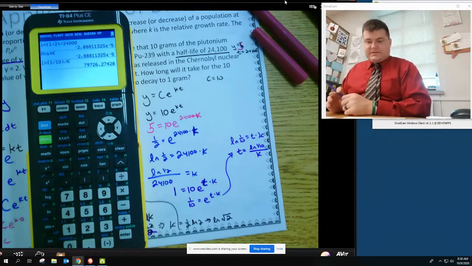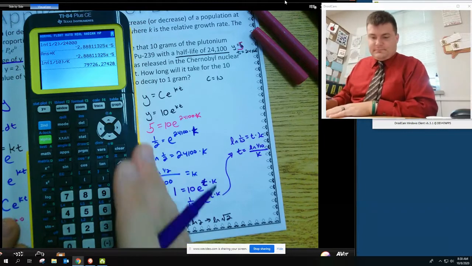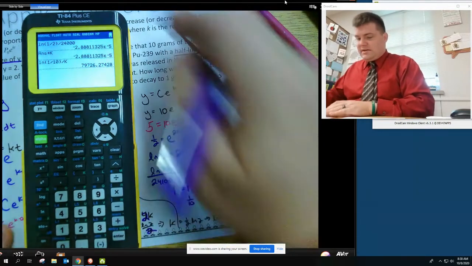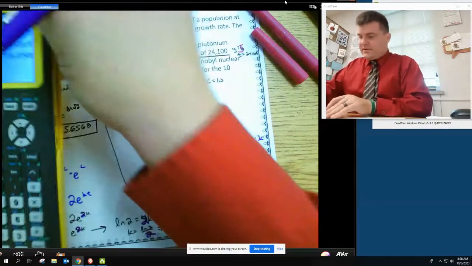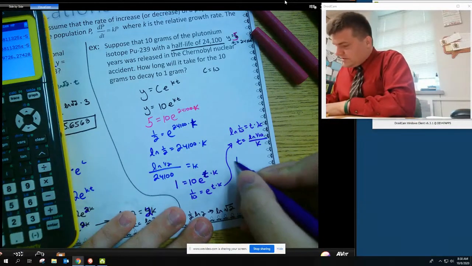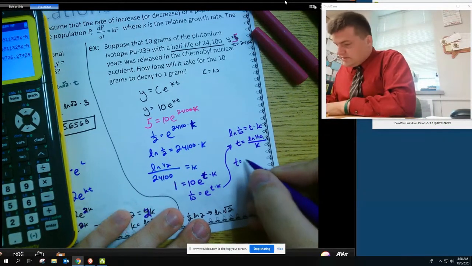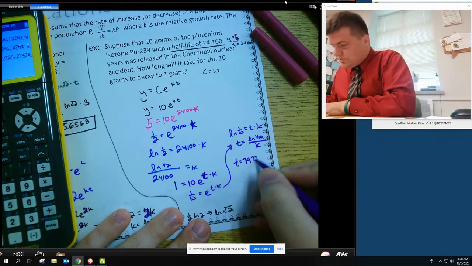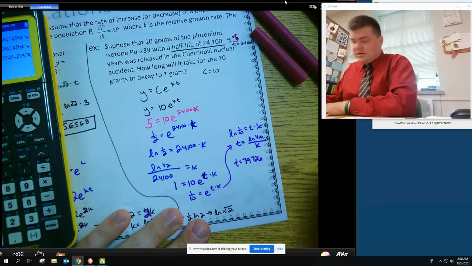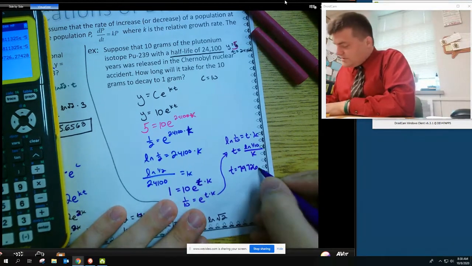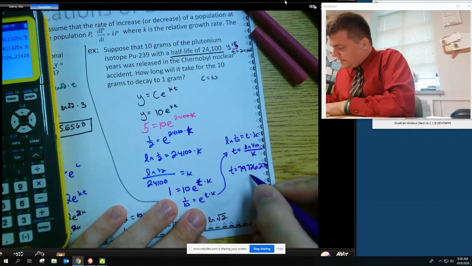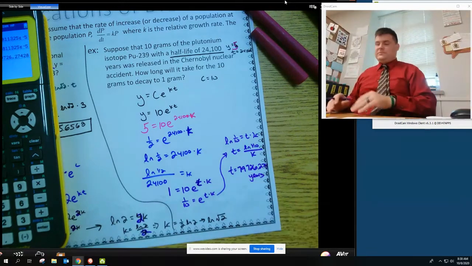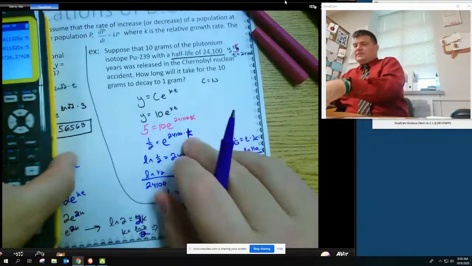Boom, there's my answer. So that's going to give me my t value there, which is going to be t equals 79726.274 years. Okay, so this is just using a decay problem.